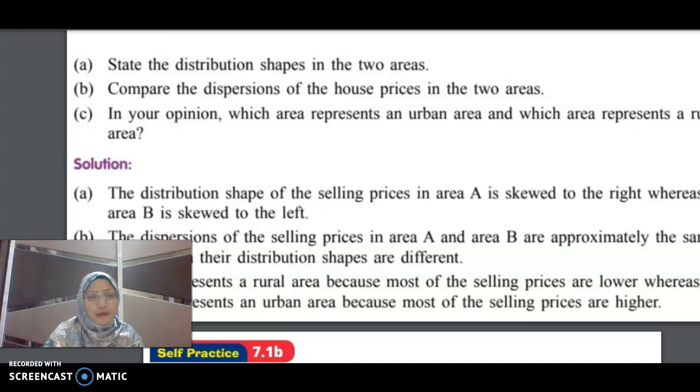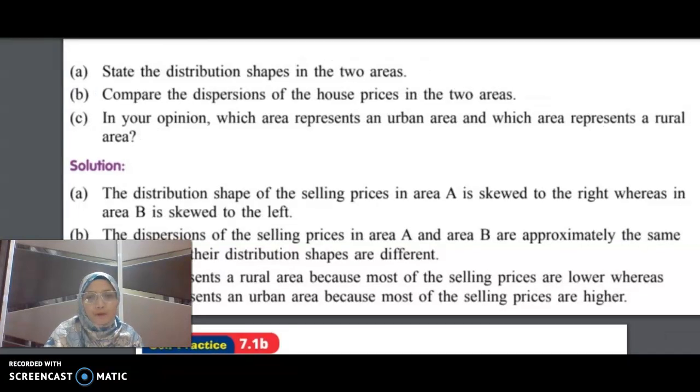Solution. A. The distribution shape of the selling prices in Area A is skewed to the right, whereas in Area B is skewed to the left.